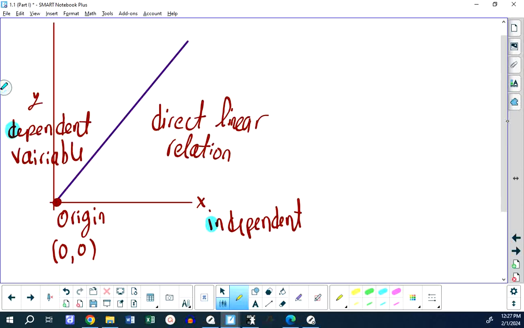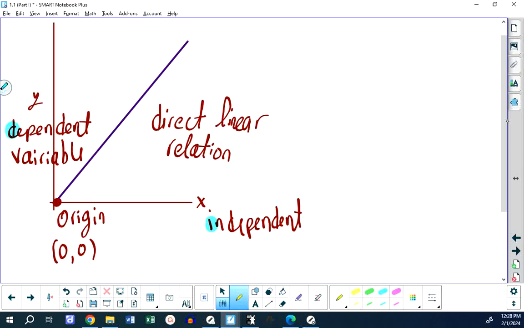So dependent comes before independent, and when you write things out from left to right, you're going to put them in alphabetical order. So dependent goes here and independent goes there.